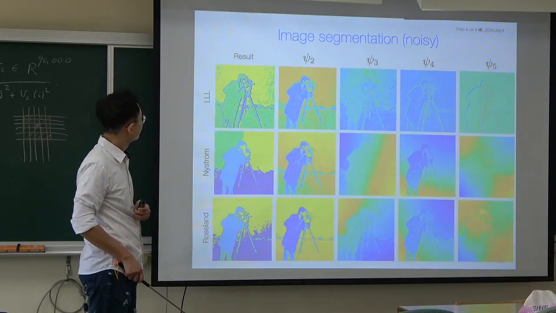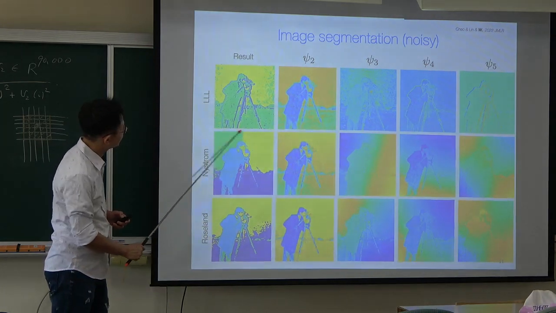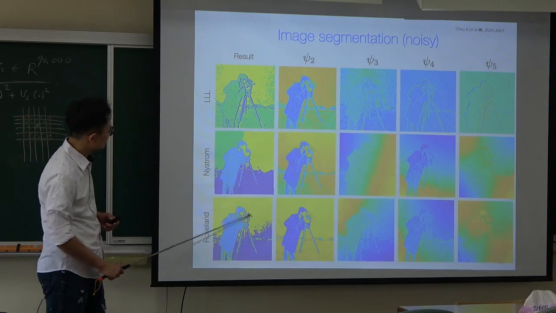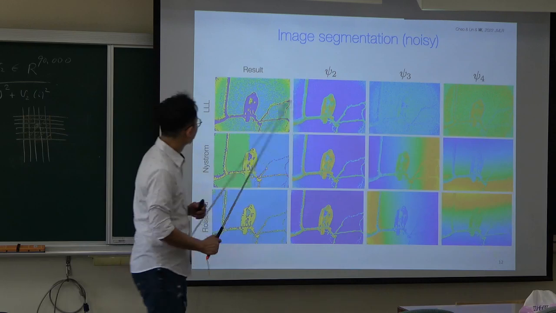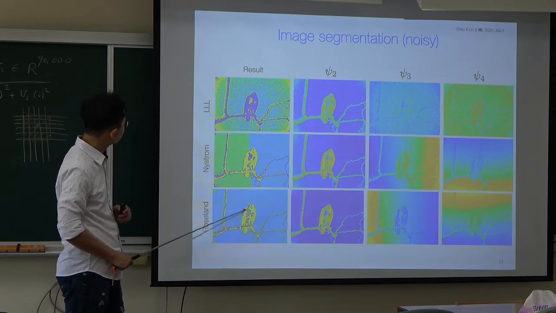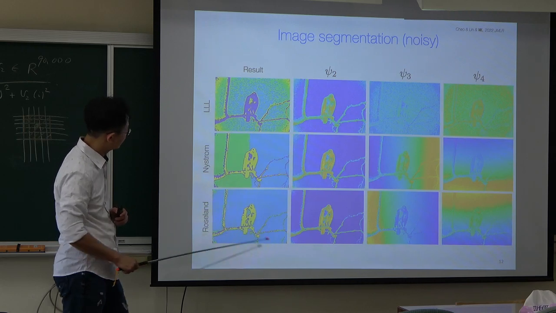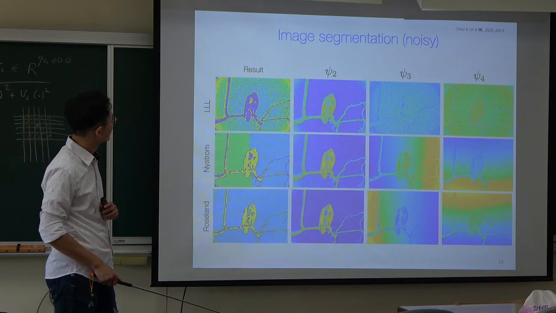It's too large. Okay, and this is when data is noisy, and you can see that there's some kind of confusion here, but the confusion is less dramatic. Okay, and this is the whole result for image segmentation. I think overall performance of Roseland is not too bad, and you can see what's going on.